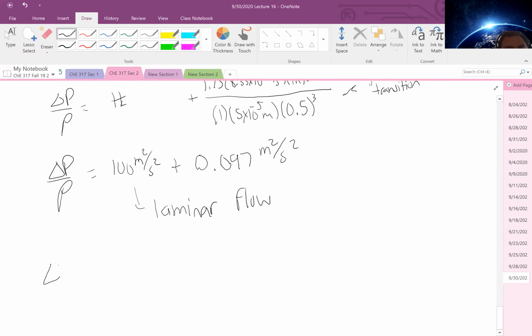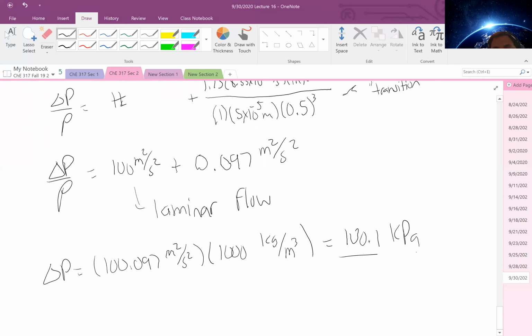And therefore, to solve for the pressure drop, I just take this 100.097 meters squared per second squared, and I multiply it times the density, 1,000 kilograms per cubic meter. And I'm left with about 100,000 pascals, or 100.1 kPa. Which means for that column and that bed, I lose almost an atmosphere's worth of pressure moving through that meter long column. I don't know why this is so messy.